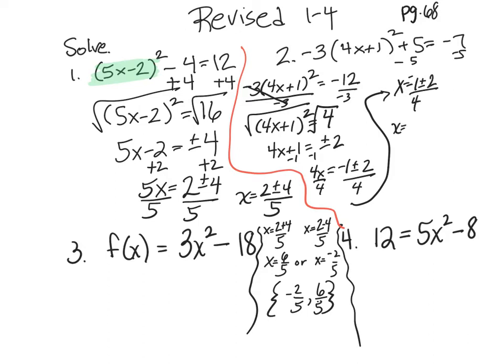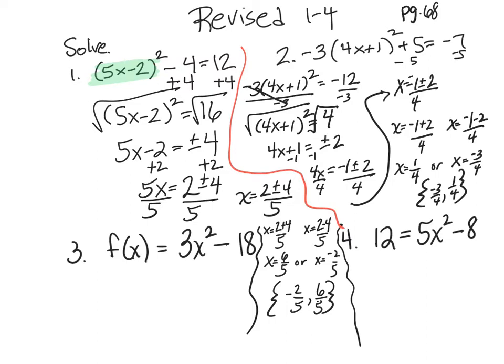So I have two problems here. Since I don't have a radical or an irrational number, I have to continue. X equals negative 1 plus 2 divided by 4, or x equals negative 1 minus 2 divided by 4. So x is going to equal 1/4, or x is going to equal negative 3/4. My two answers for number 2 are negative 3/4 and 1/4.